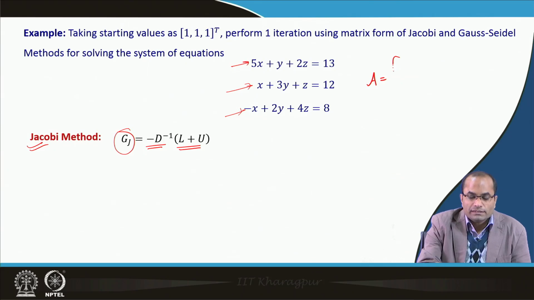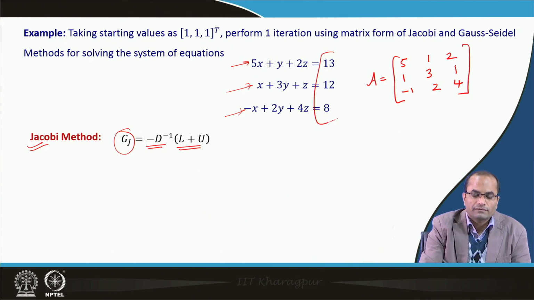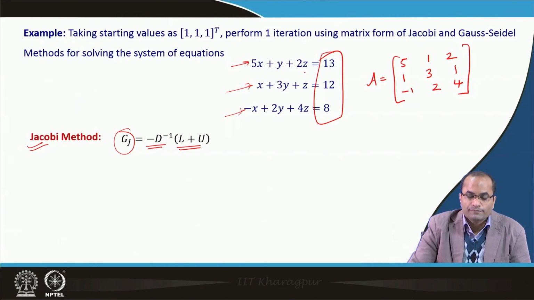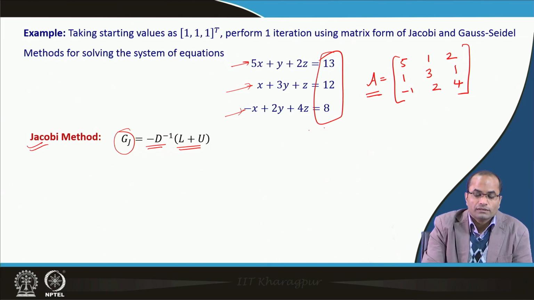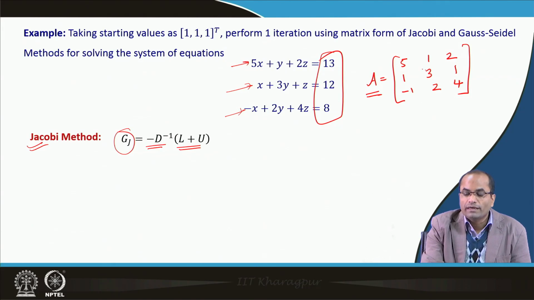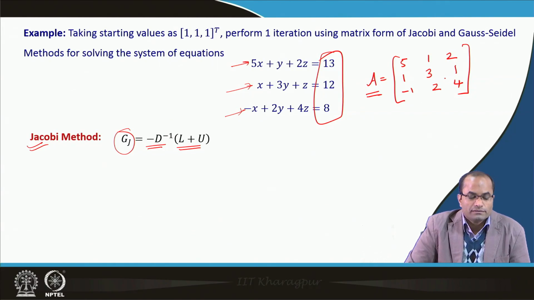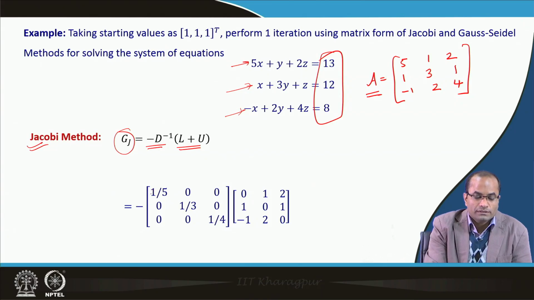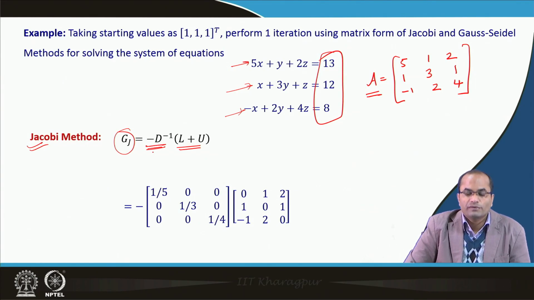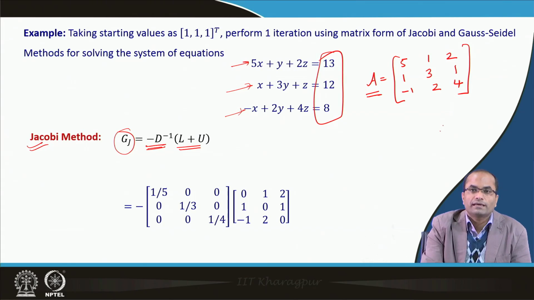So, our A in this case is the coefficient matrix 5 1 2, 1 3 minus 1, 2 and 4, and the right hand side B vector is 3 12 8. Now, the diagonal matrix D has only 5, 3 and 4 in the diagonal entries, and everything else is 0. For a diagonal matrix, getting the inverse is very easy: we just invert the diagonal entries.